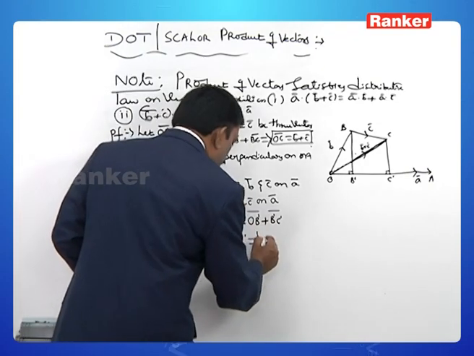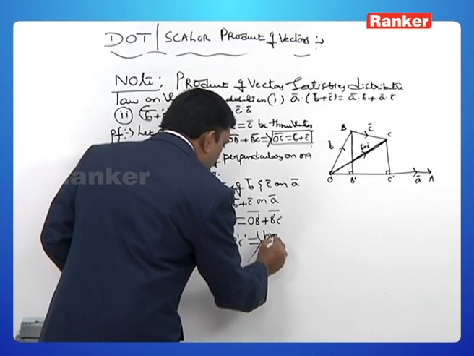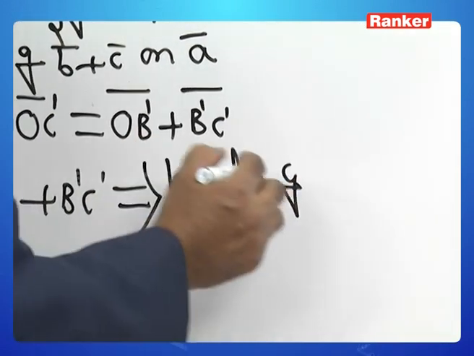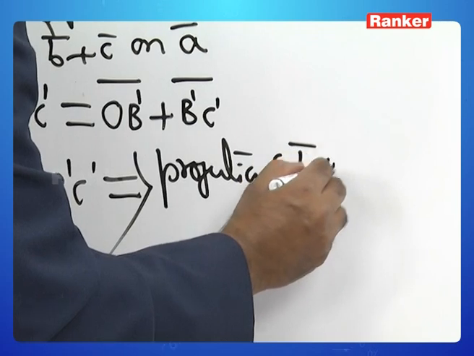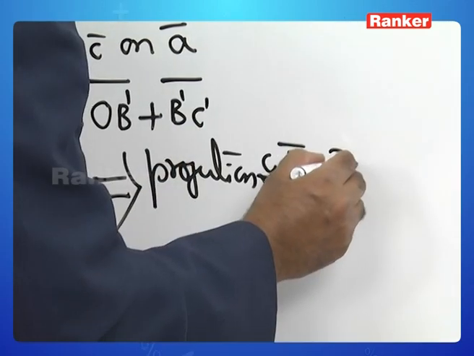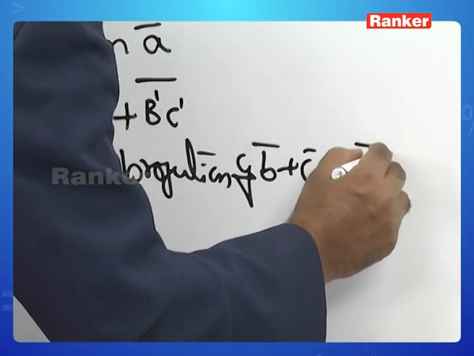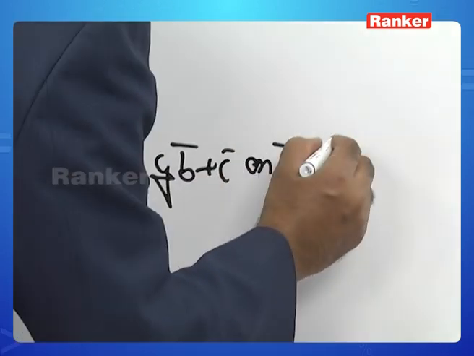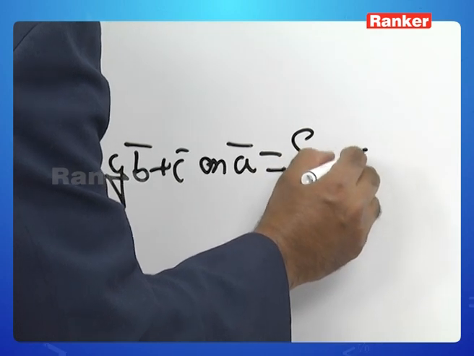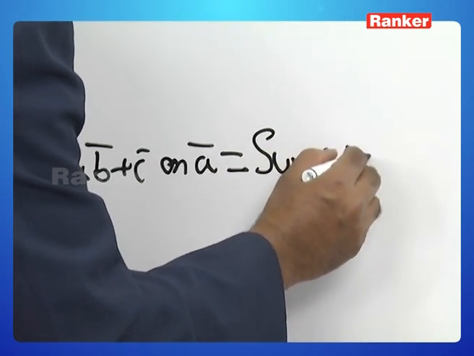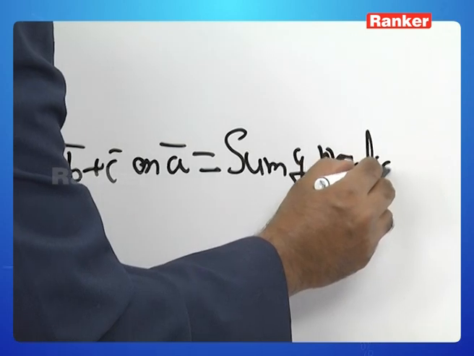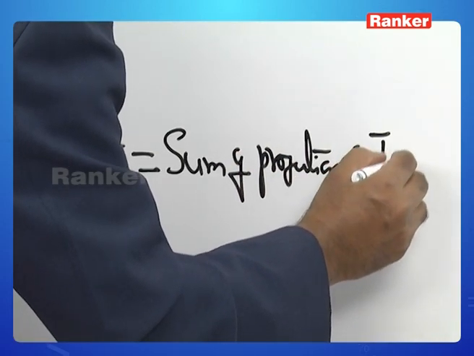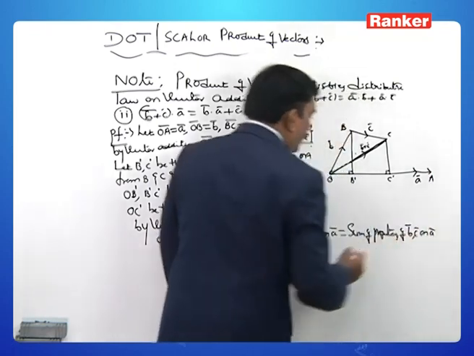Therefore, the projection of B bar plus C bar on A bar is equal to the sum of projections of B bar and C bar on A bar.